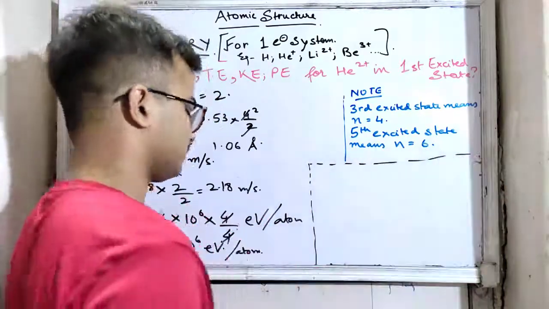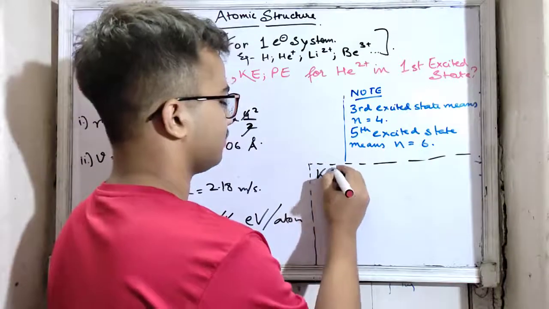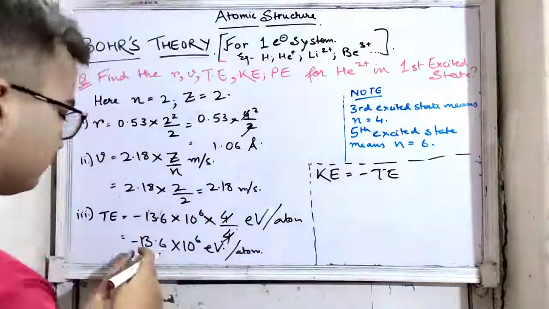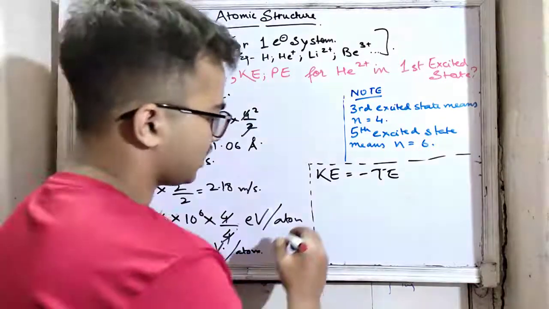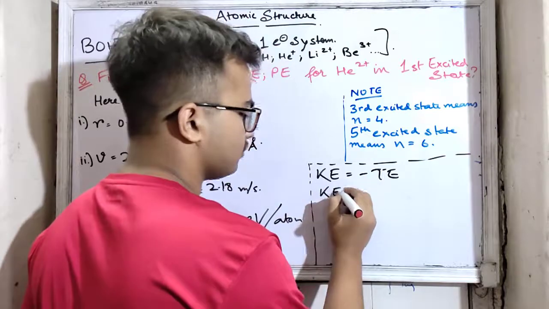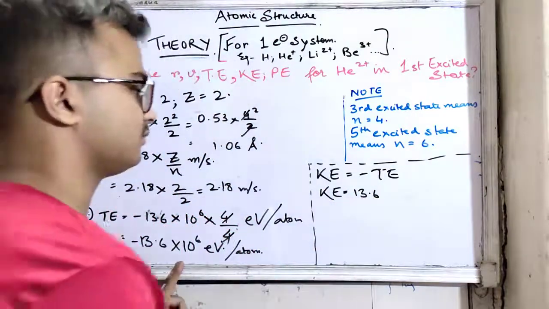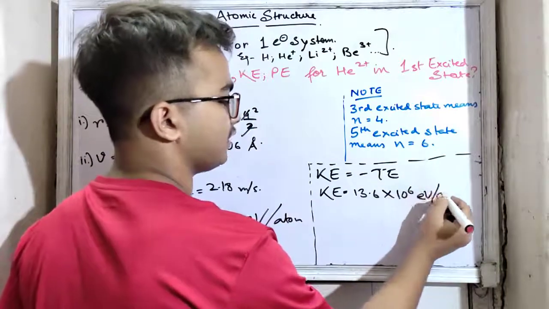Okay, next part they are asking about the kinetic energy. Now we know kinetic energy equal to minus of total energy. So this was already in minus, so if I put another minus, it becomes a positive, right? So kinetic energy is equal to 13.6 into 10 to the power 6 electron volt per atom.